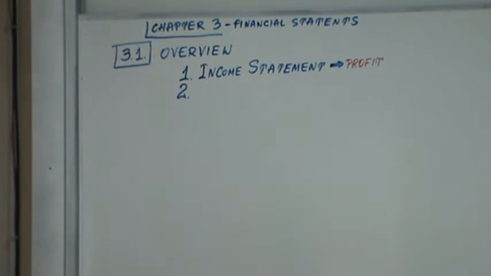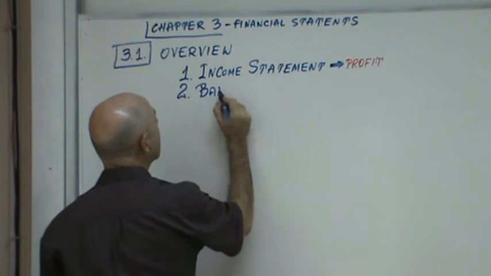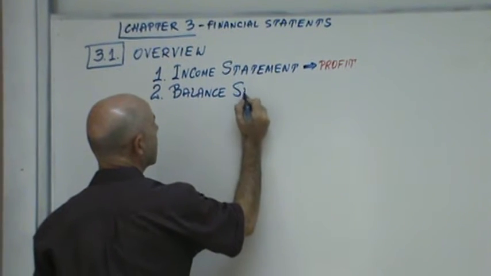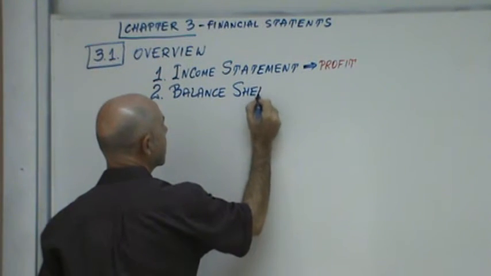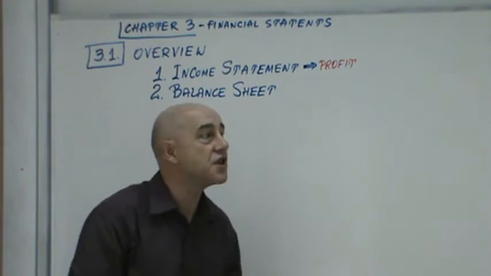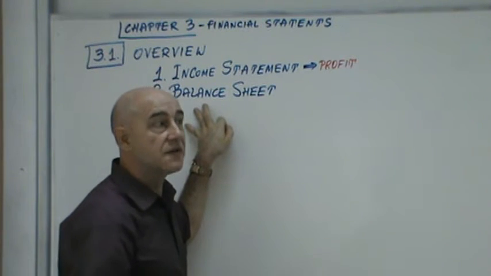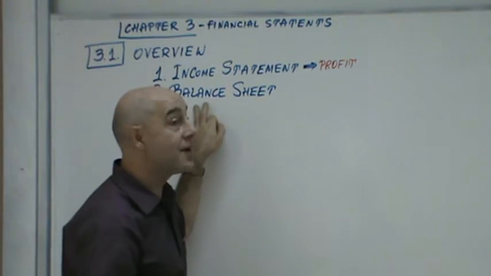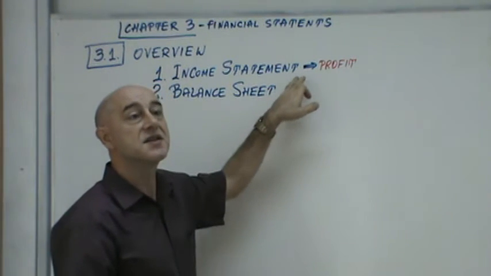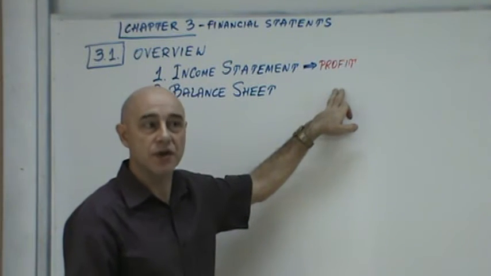Number 2, balance sheet. The balance sheet gives you the financial position. The financial position of the company is associated with its assets, its liabilities, and owner's equity.